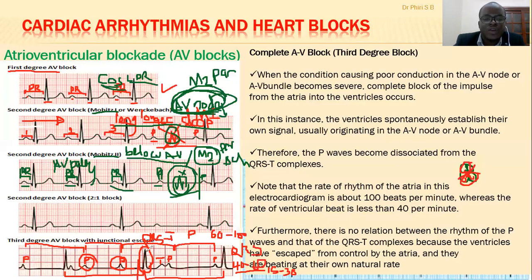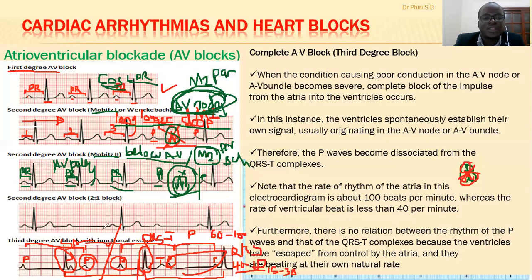So you have the QRS and the T wave, but there's no correlation with the P wave. So after the T wave, you have the P wave here. So it means that the atria are contracting on their own, and the ventricles are also contracting on their own because there's a complete block between the SA node and the bundle branches.